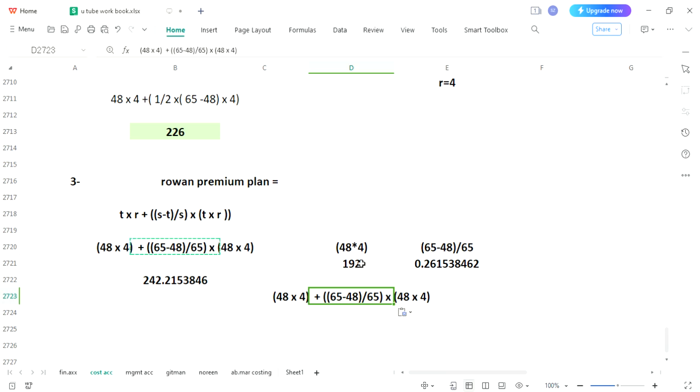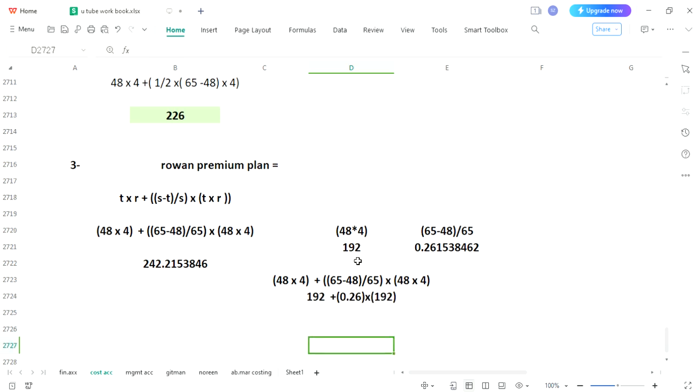Okay, 48 multiplied by 4, we have got the answer 192. You can put 192. Then you need to add, bracket open. This whole bracket answer, 65 minus 48 divided by 65, we have got 0.26, and then you will multiply by the third bracket answer, 48 multiplied by 4, 192. If you want to do it this way step by step, you can also calculate it.